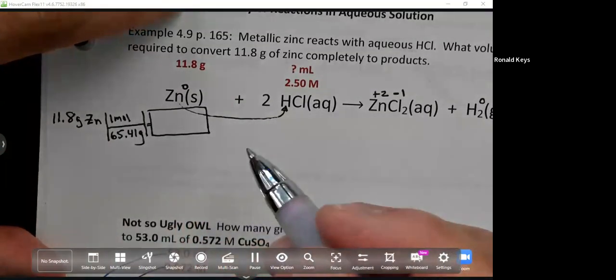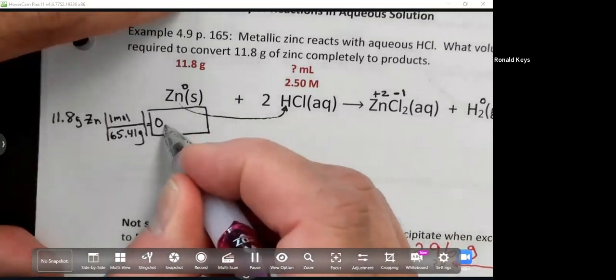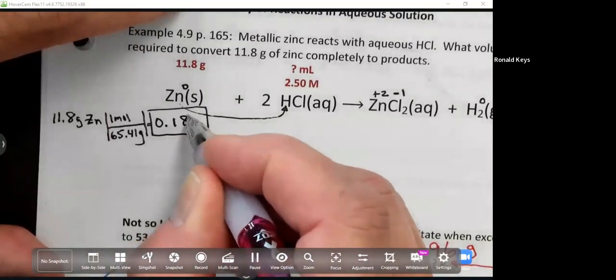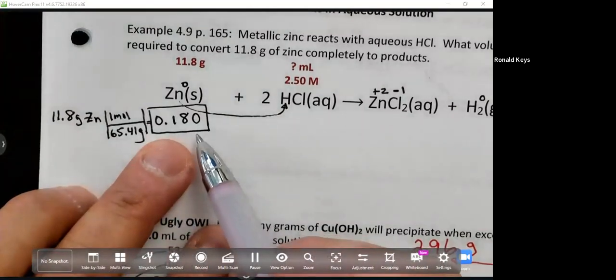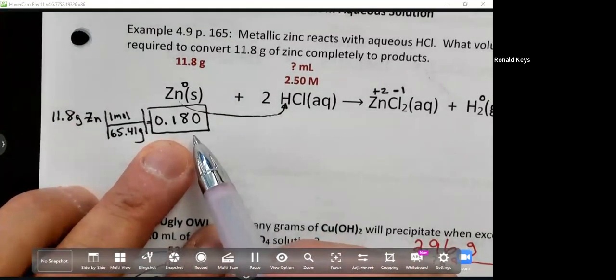So we have the starting moles here of 0.180 moles of zinc, 0.180. Right?